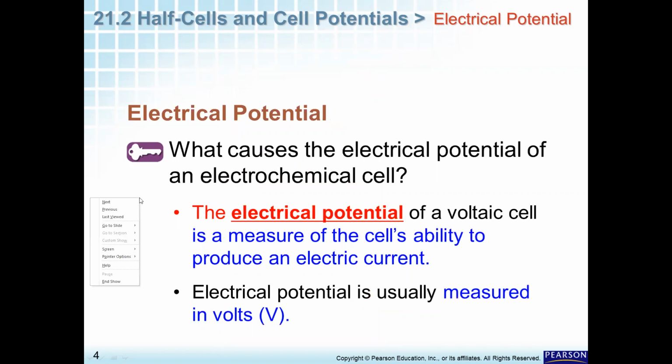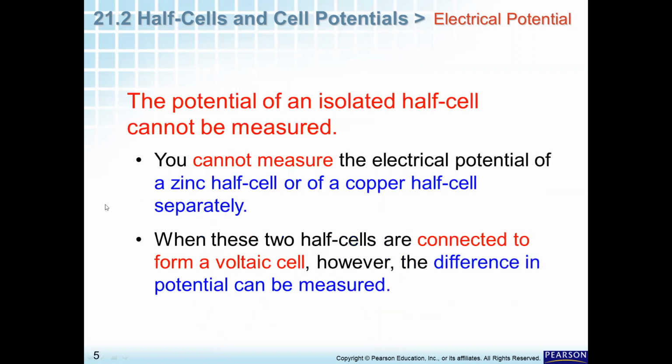Now, what causes that? What is the reason for this? First of all, we have to state a fact that in order to measure the electrical potential, we can do that for an electrochemical cell with anode and cathode. But if you have one half cell, isolated, you cannot measure it because you have to measure it in reference to something.